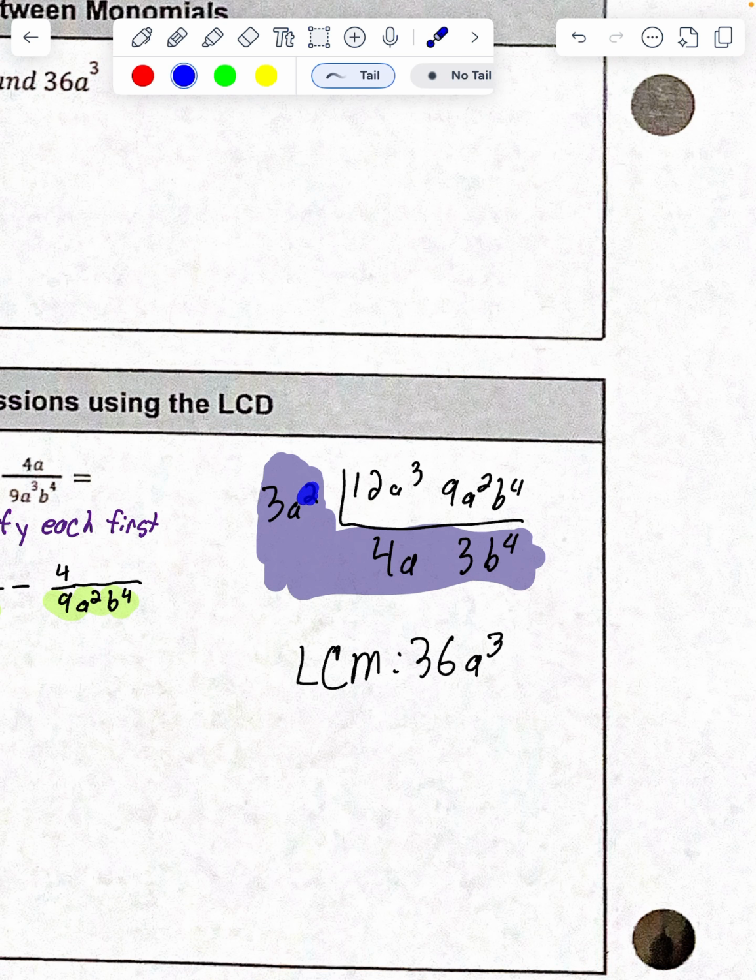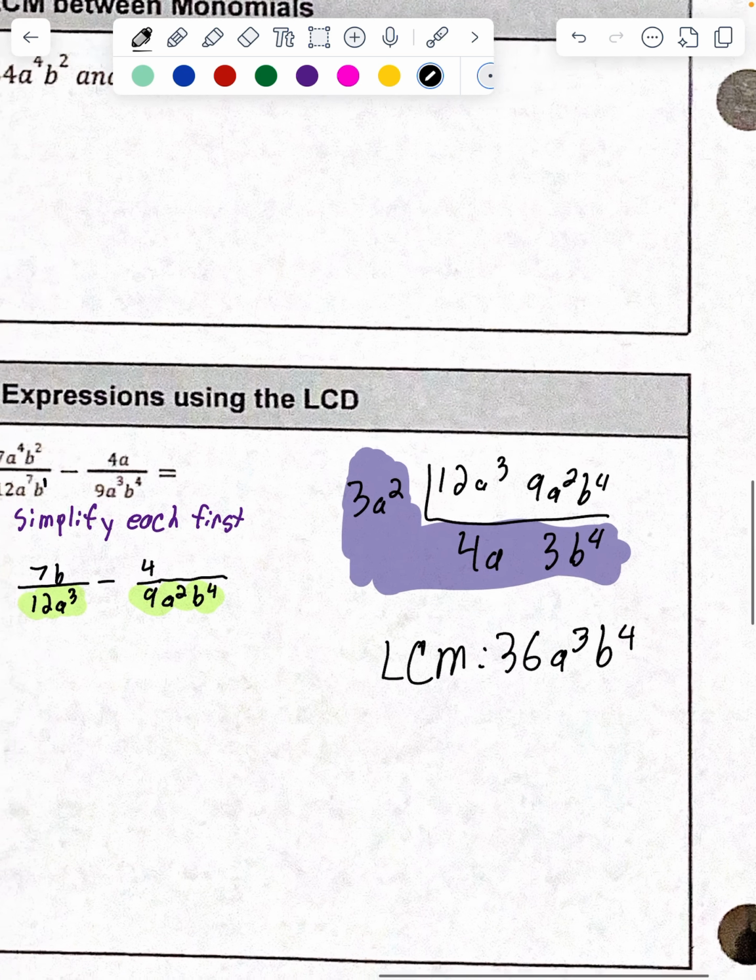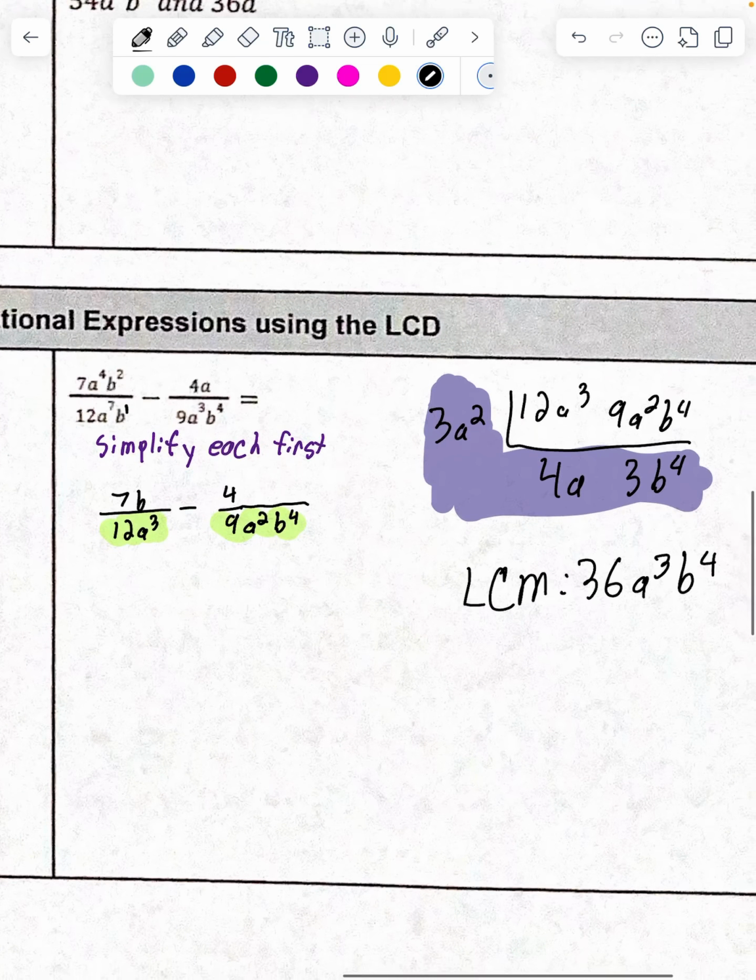Again, I have 2 here and 1 here, so that's 3. And then I have 4 B's. So that is what my LCM is going to be. So I know that my LCM for both of these will be 36a cubed b to the 4th. And I'm going to minus 36, again same denominator, a cubed b to the 4th.